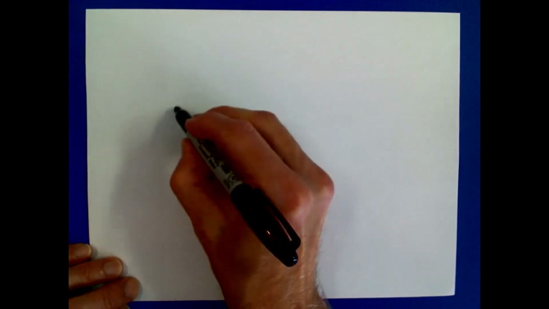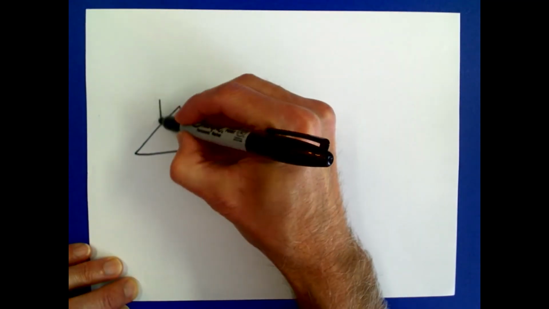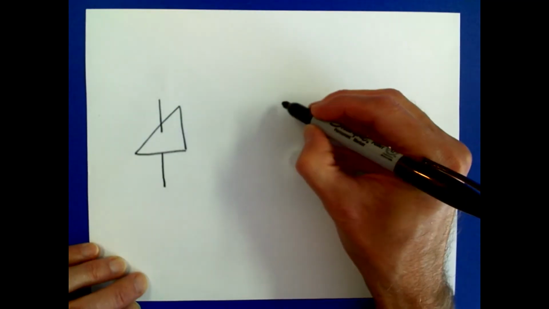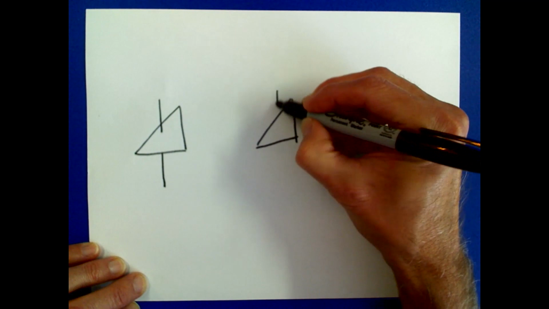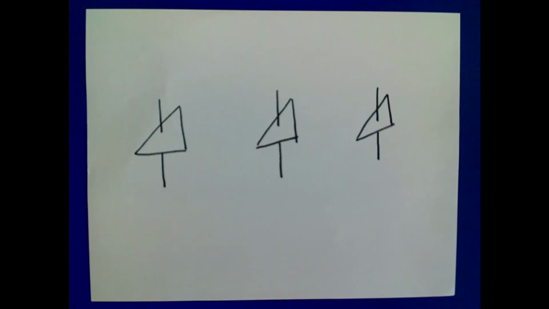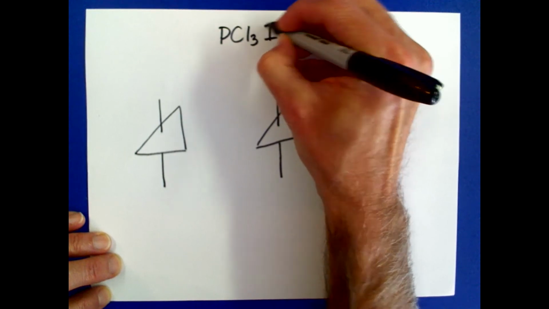I'll give you one more to think about. Let's do a trigonal bipyramidal arrangement. We'll do 2 different ones, maybe 3, we'll see here. We'll do PCl3I2.